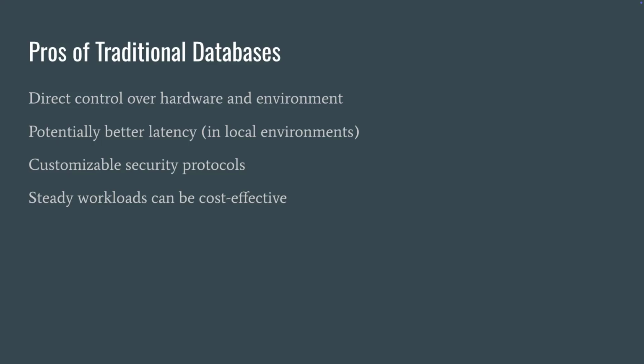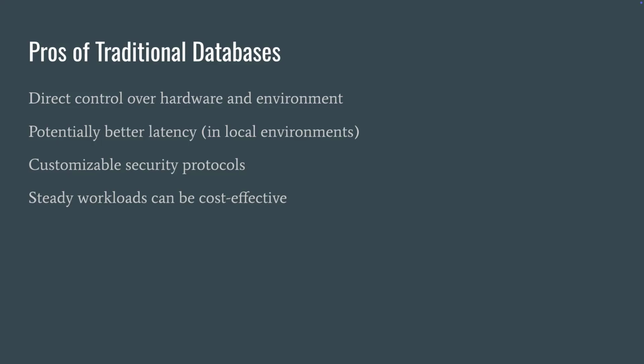And second, latency benefits. If your infrastructure and users are located in the same data center or building, you may see a lower latency for data access compared to a remote cloud data center.